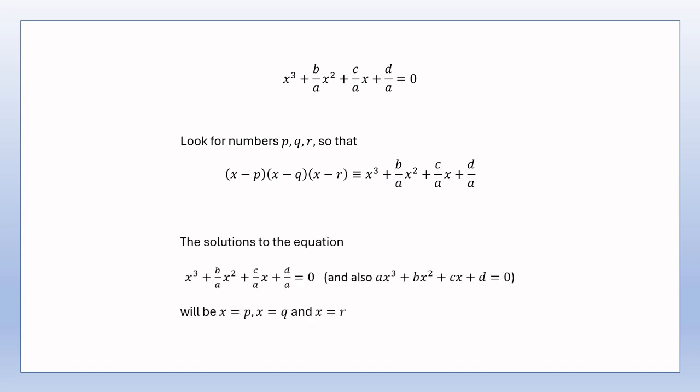And so the solutions to the equation x cubed plus b over a x squared plus and so on, and therefore also the solutions to the equation ax cubed plus bx squared plus cx plus d equals 0, will be x equals p, x equals q and x equals r, where some or all of p, q and r may be equal.